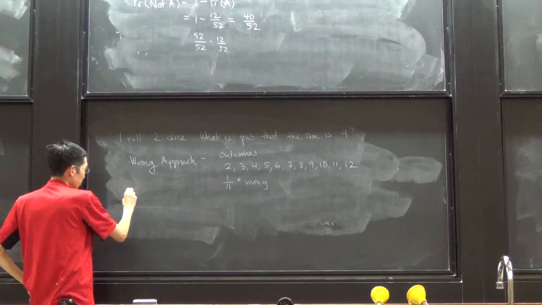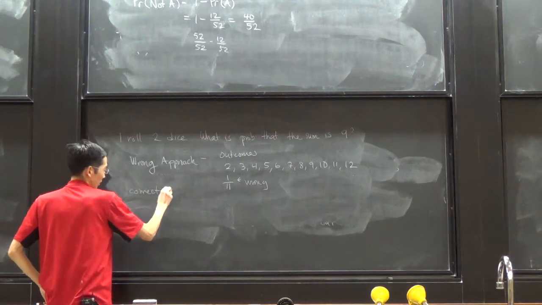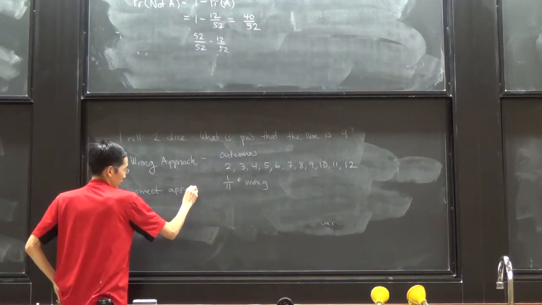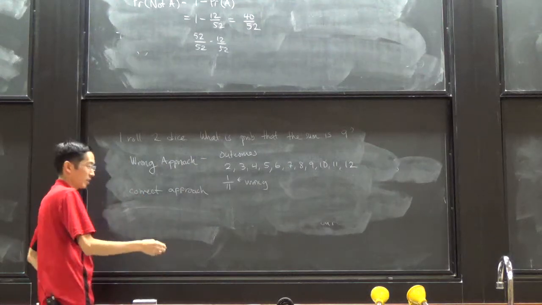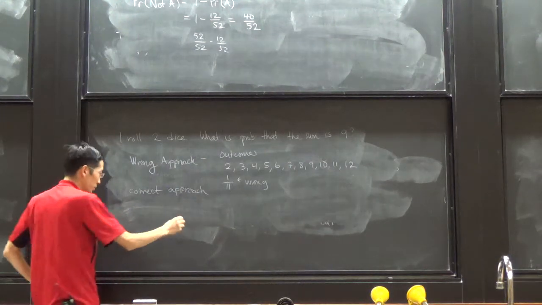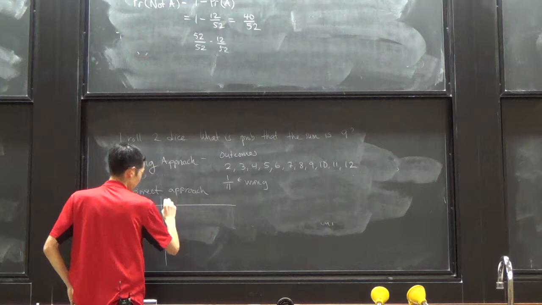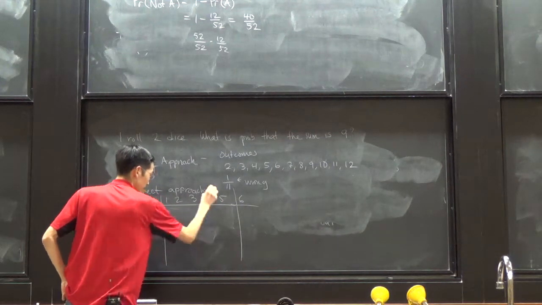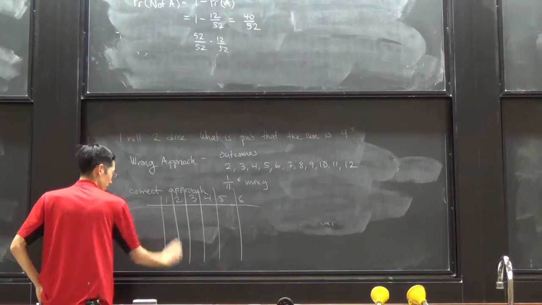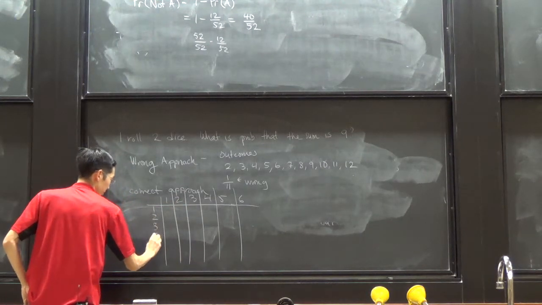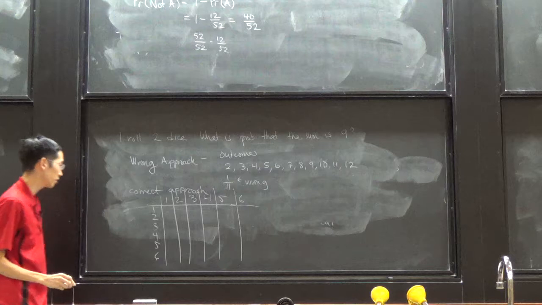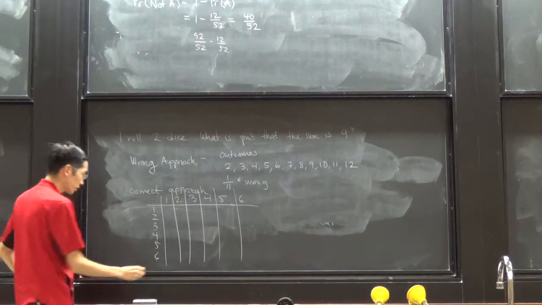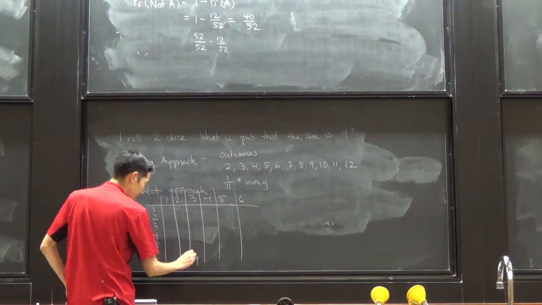So the correct approach would require a listing of all 36 outcomes. So dice 1 has this, and dice 2 has this, and then you have to check off which of these add up to 9.